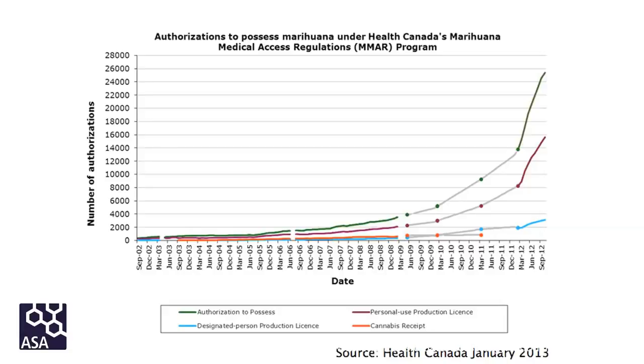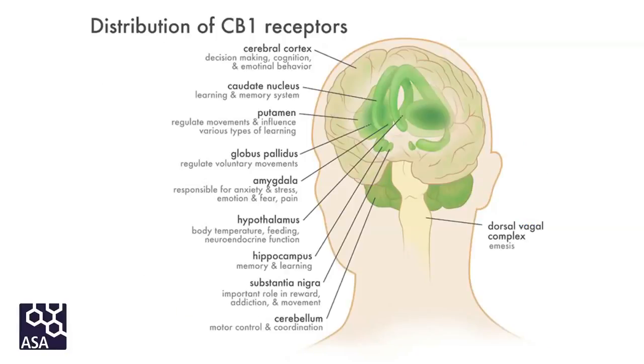Next slide, please. So why do we think cannabis is much safer than opioids? Well, the main reason comes from this graphic here, where we know that the cannabinoid 1 receptor, the main target for THC, the active ingredient in cannabis, is incredibly ubiquitous in the human brain. In fact, it is the most common receptor in the human brain.